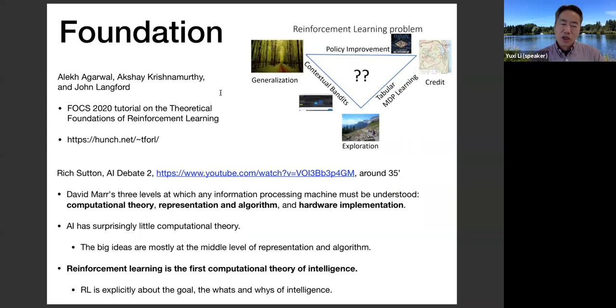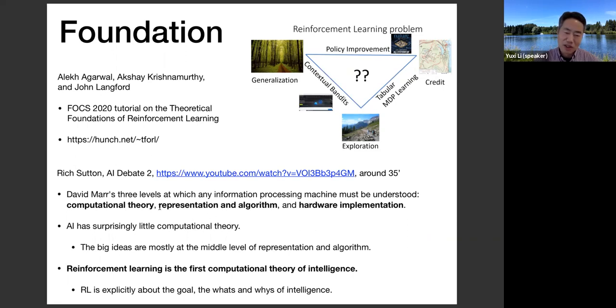John Langford and his colleagues gave a tutorial about the theoretical foundation of reinforcement learning at FOCS, a theoretical conference in computer science. And recently, Sutton gave a brief remark where he mentioned something.